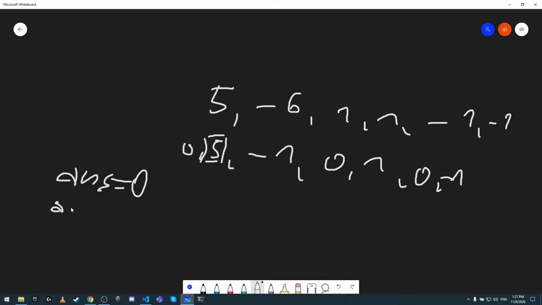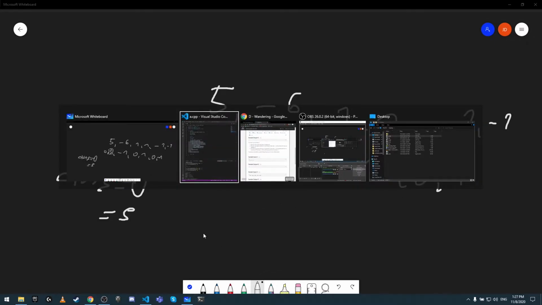Then the answer equals 5. Now the answer is equal to 5. Now it's the maximum up until this, and we continue here. Right. Okay, that sounds okay.